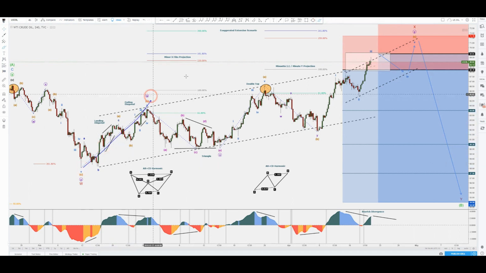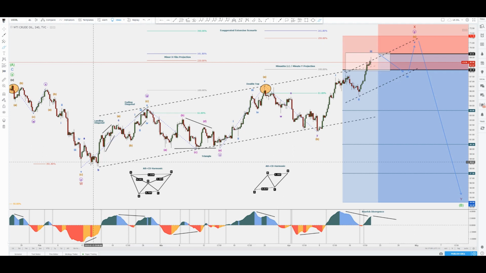Let's say we accept it and we say it's possibly going to be an ending diagonal. But for this to be the second wave, this triangle doesn't fit in a second wave. Triangles do not form in wave two, so it's invalidated, right?